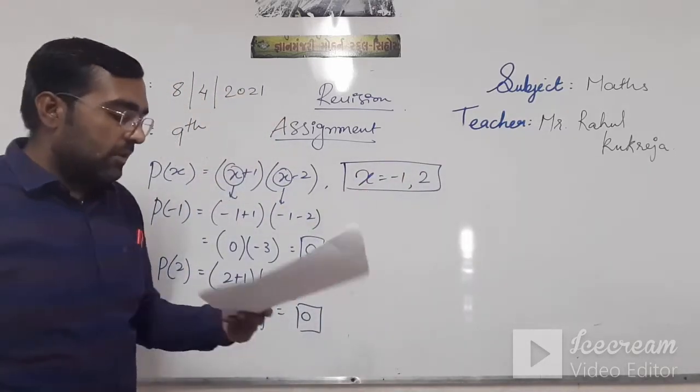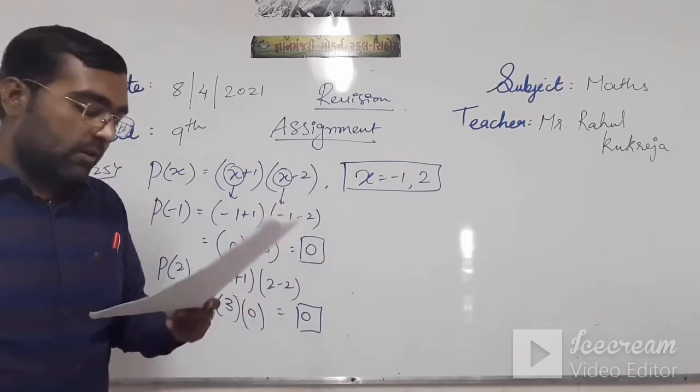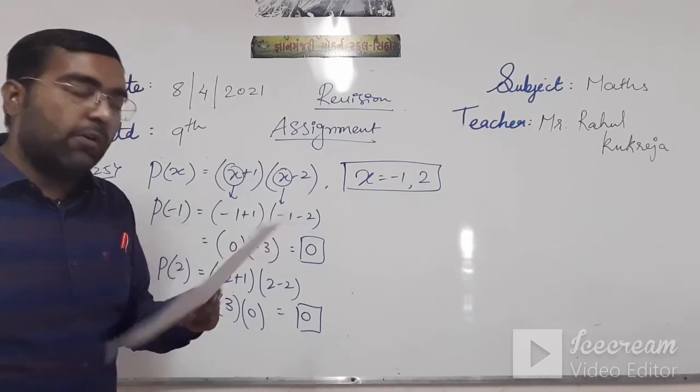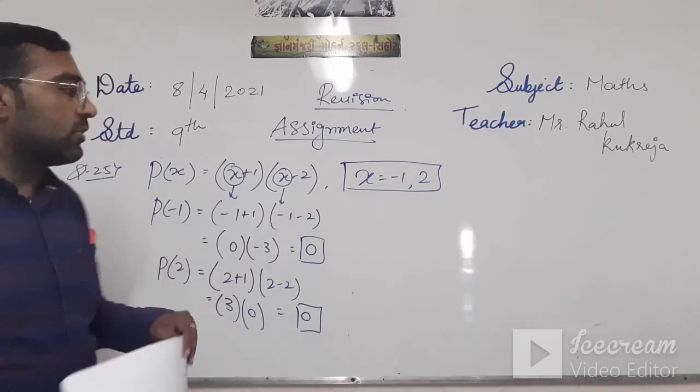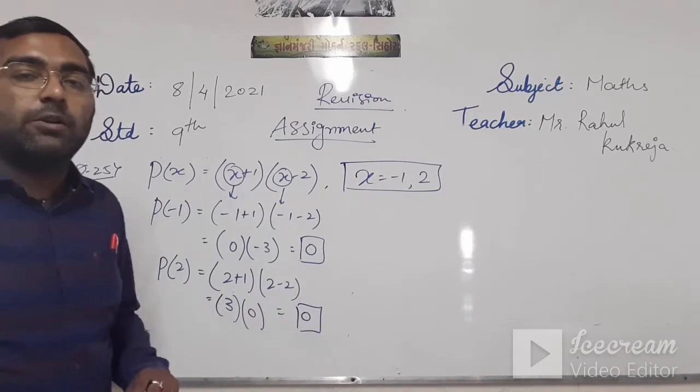So it says to verify whether they are zeros of the polynomial or not. So we are verifying that both of them are zeros of the polynomial.